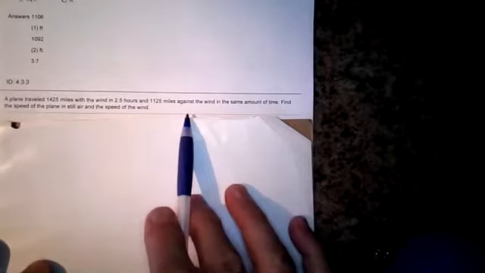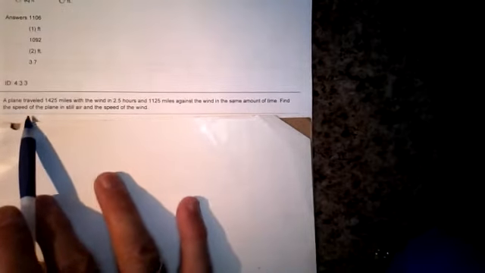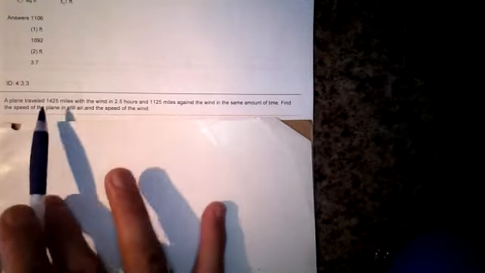What they're asking here, if I read the last statement of the word problem to see what is in question, is the speed of the plane and the speed of the wind. They're asking for these two, so one is x, one is y.